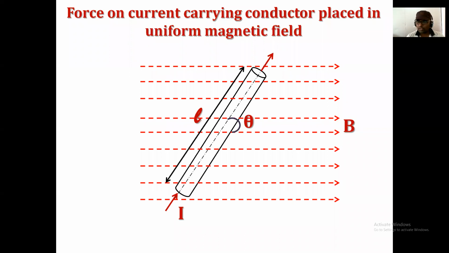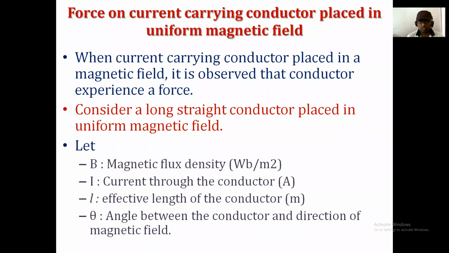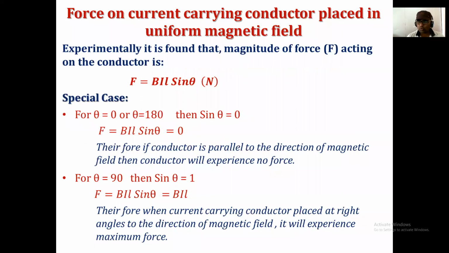Experimentally, it is observed that when a current carrying conductor is placed in a magnetic field, the conductor will experience a force. Is it right? The magnitude of this force can be calculated by the formula F is equal to BIL sine theta, where B is the flux density, I is the current flowing through the conductor, L is the effective length of the conductor, and theta is the angle between the conductor and the magnetic field.